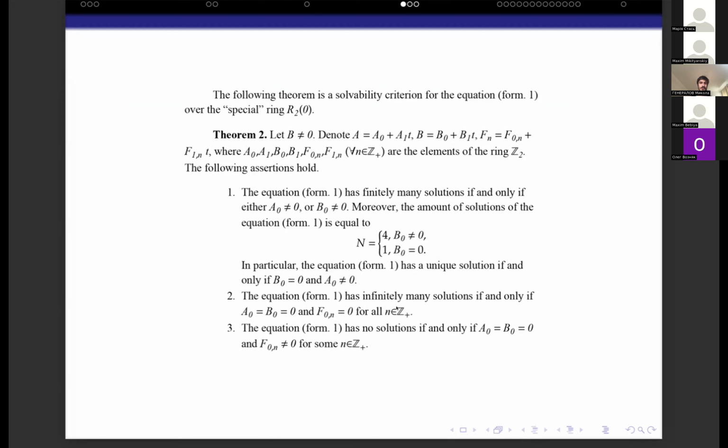And equation 1 has no solutions if and only if A0 is equal to B0 and is equal to 0, but F sub 0n is not equal to 0 for some n.